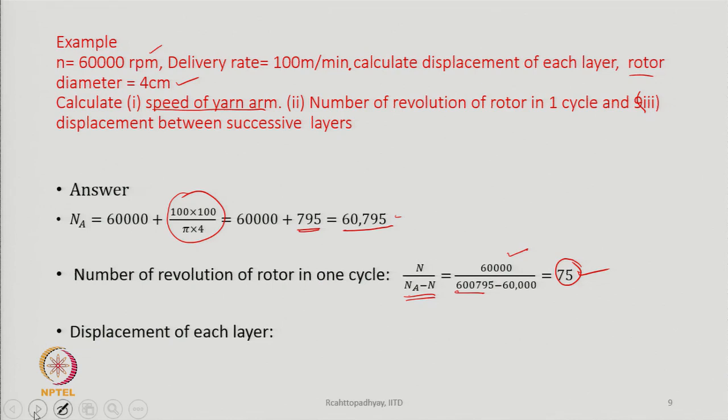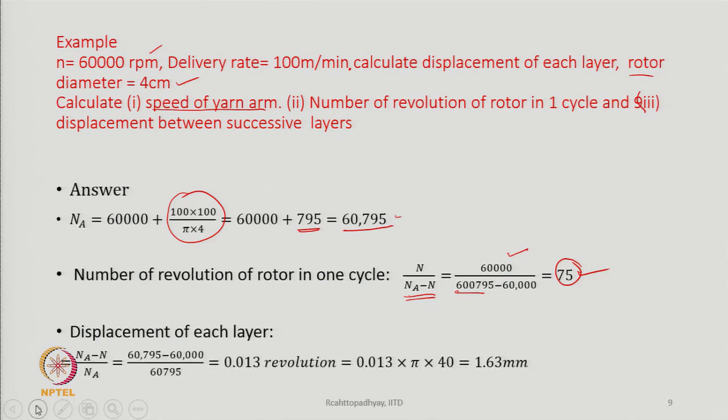Then for the displacement of each layer, this is the formula. Again we substitute, this is equivalent to 0.013 revolutions, and if we want to know it in terms of linear length, we multiply it by pi into d, the rotor diameter, and that gives you a figure of 1.63 mm.